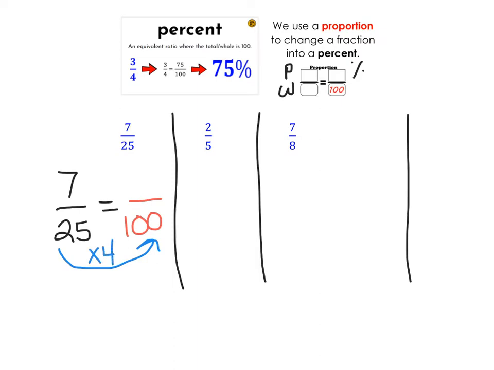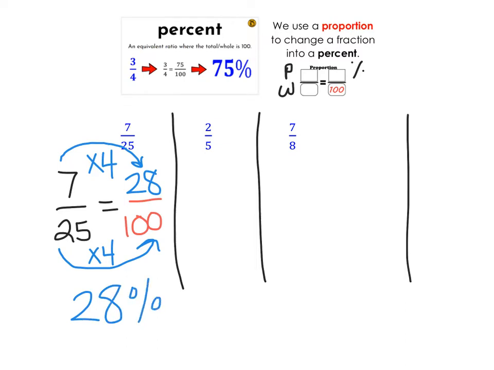So remember, whatever we do to the bottom, we also have to do to the top. So I would come to the top and do 7 times 4. And 7 times 4 is 28. Now, since the 28 is out of 100, my percent would now be 28%. Remember this? We learned this a while back.